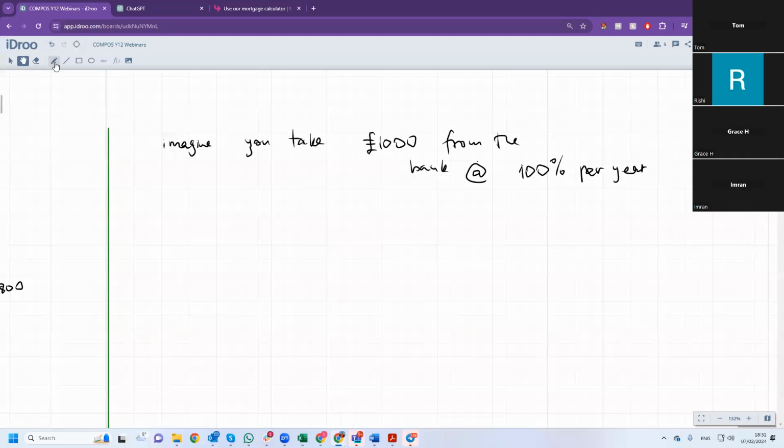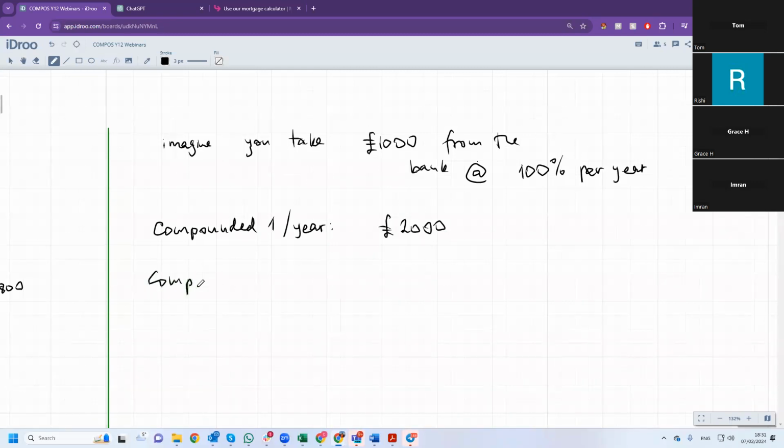Now, if the money is compounded yearly, that means compounded once per year, you will need to pay 2,000, of course.